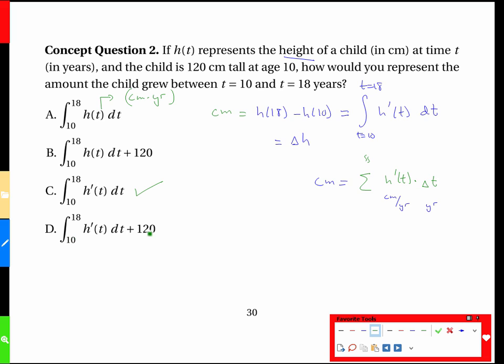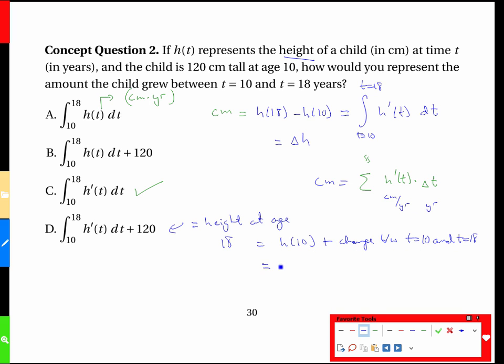Answer D is close. There was another additional fact here, which was that the height is 120 centimeters at age 10. The answer D is equal to the child's height at age 18, which is of course equal to the height at age 10 plus the change between t equals 10 and t equals 18, and that's what we just computed earlier.